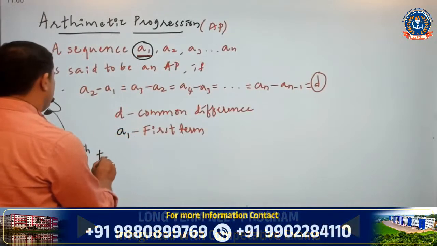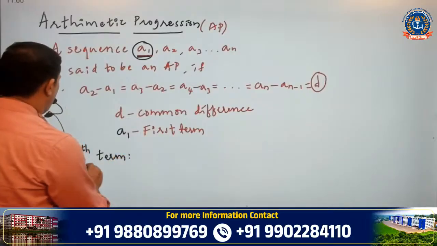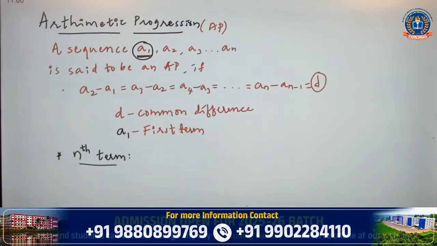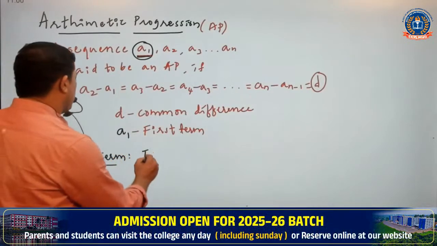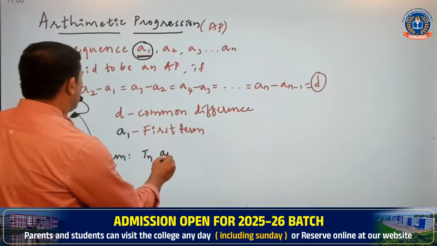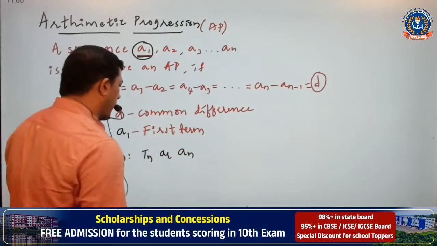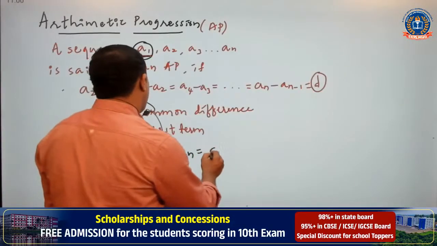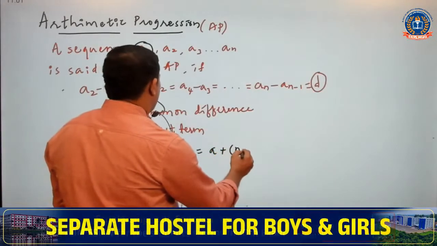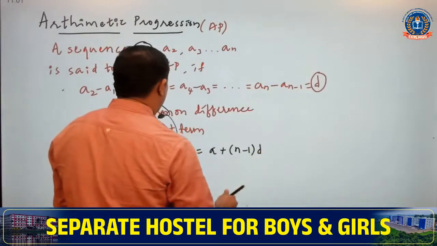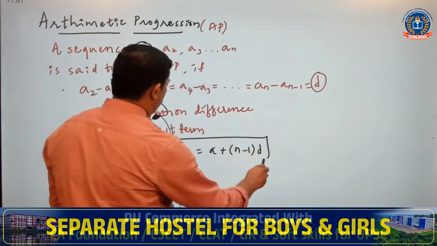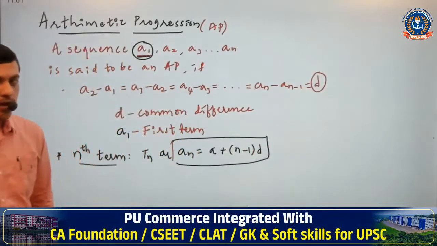nth term. The nth term of an AP is denoted by Tn or An, both can be used, and the nth term of AP is a plus (n minus 1) into D. Right, the nth term. Now we have to calculate the nth term.